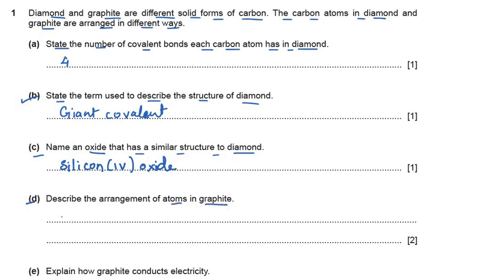Next question says describe the arrangement of atoms in graphite. Now in graphite, the carbon atoms are covalently bonded to 3 other carbon atoms.